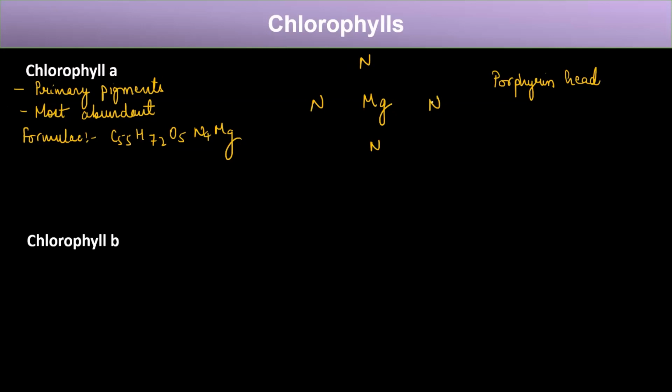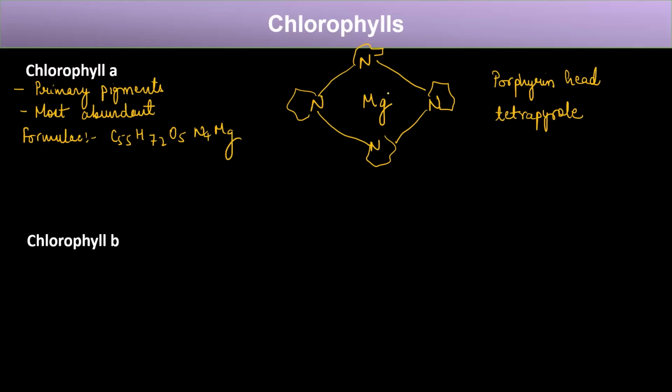So this has one ring, the second ring, third ring, and fourth ring. These are connected to each other like this. And because it has these pyrrole rings, it is also known as tetrapyrrole. So in the porphyrin head, we have a magnesium.